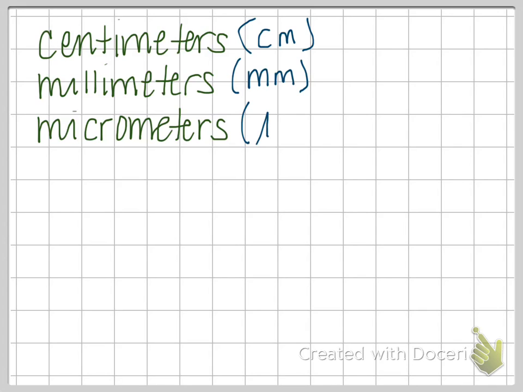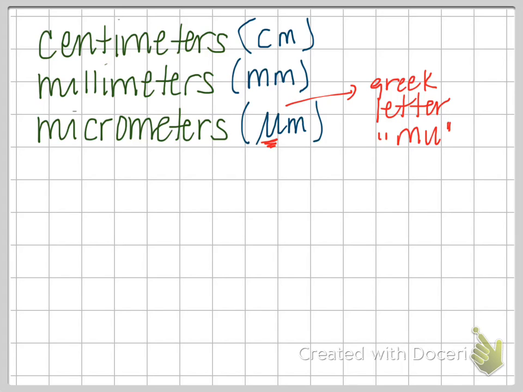And micrometers you may not be familiar with, and they're abbreviated as this symbol. It's the Greek letter mu, written with a long tail and a U like that. So those are micrometers. And we're going to be using these 3 units, and you're going to have to be able to convert between them.